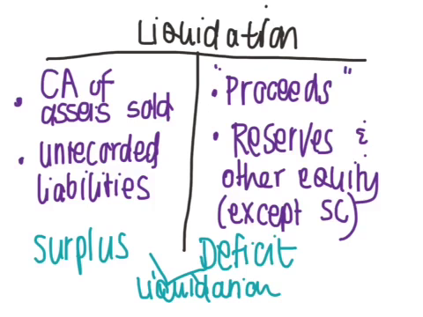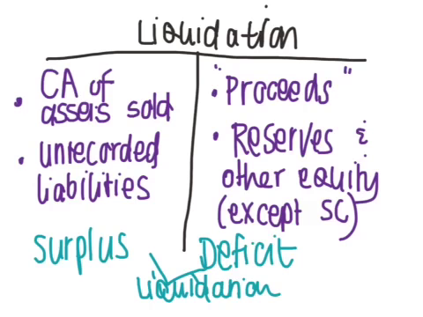In the liquidation account, we basically record the proceedings of the liquidation process apart from the distribution to the shareholders and the actual cash flows of the liquidation. So I've summarized here some of the entries in the liquidation account.